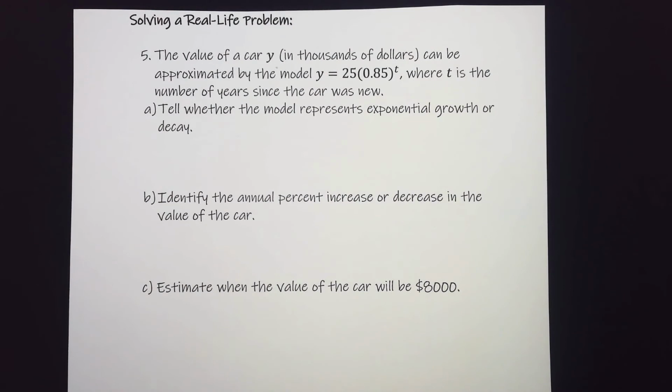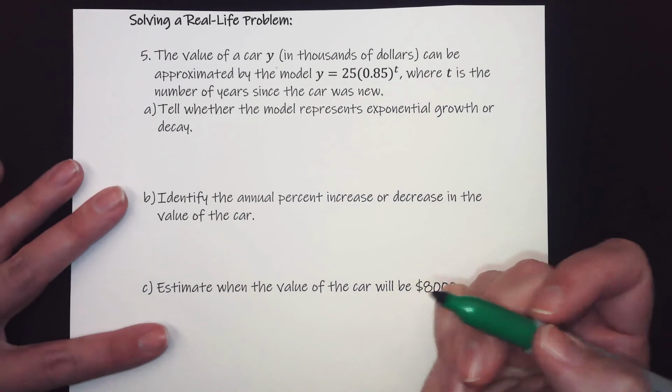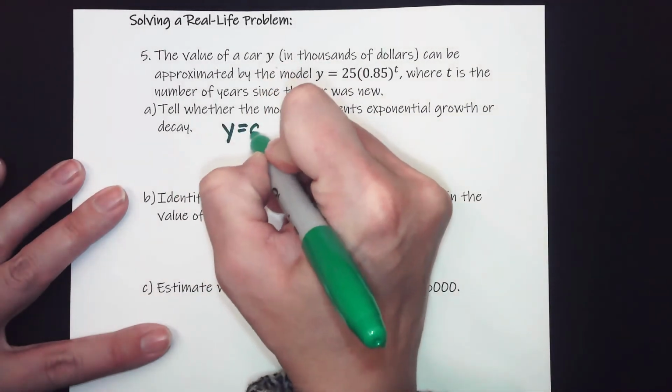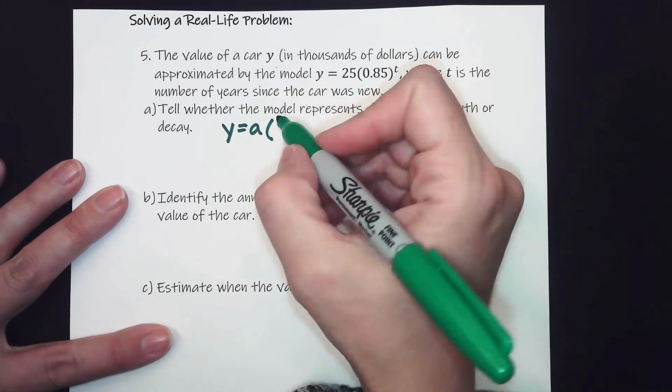The value of a car y in thousands of dollars can be approximated by the model y equals 25 times 0.85 to the t, where t is the number of years since the car was new. Tell whether this represents growth or decay. If you remember the equation, it was y equals a, and this being less than 1 is just telling me it's decay.